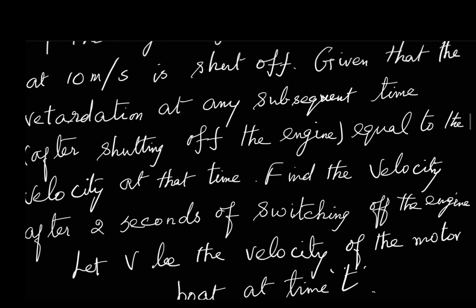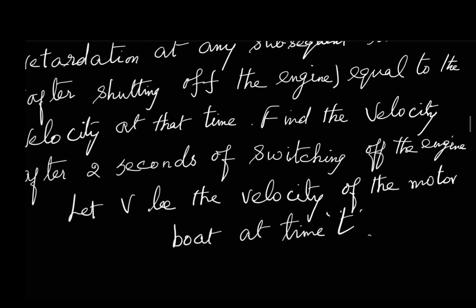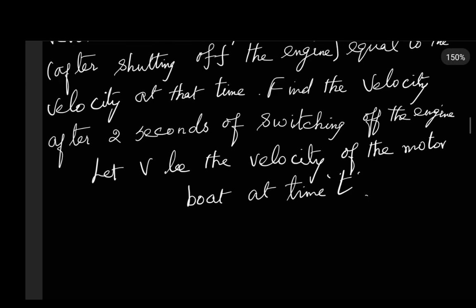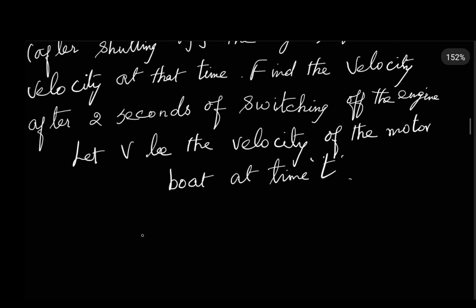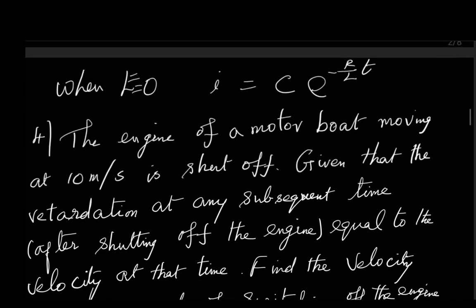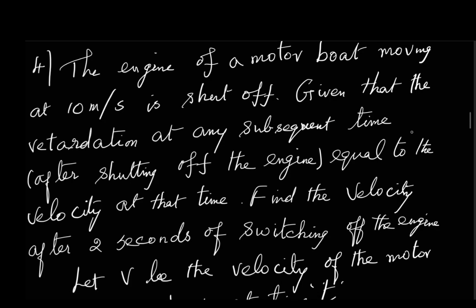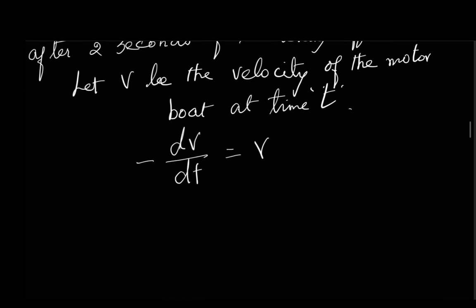It is given the retardation, that is the velocity is reduced here, so minus. Already we used the minus sign for decay, same thing here: retardation is equal to v. Retardation at any subsequent time is equal to the velocity v.